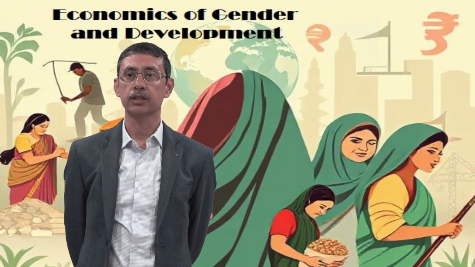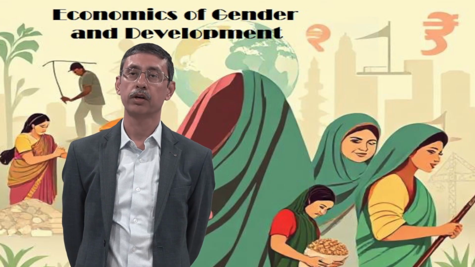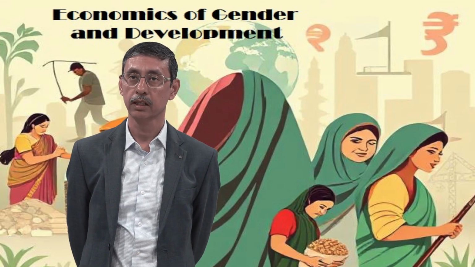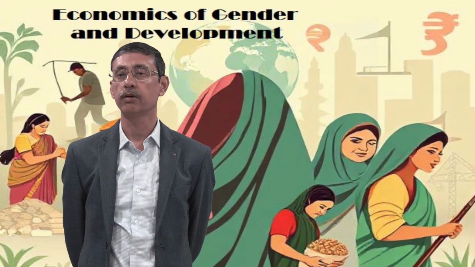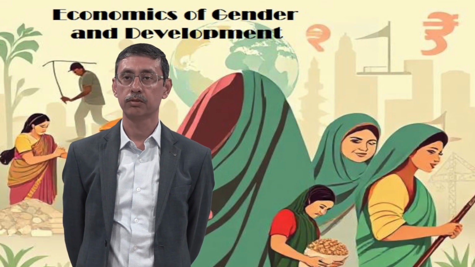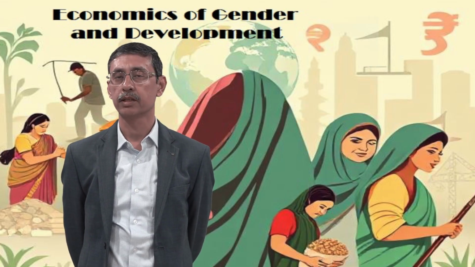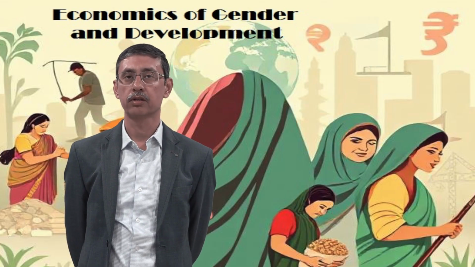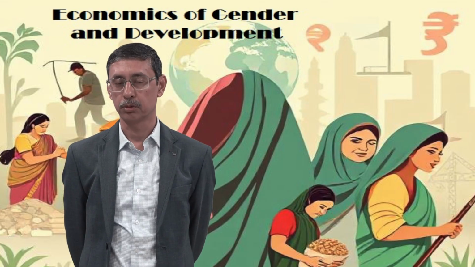So measuring equality in terms of utility is probably not the best way to equalize between men and women. We do not want to equalize the utility between men and women. That's the core point of Sen's critique of the utilitarian approach.